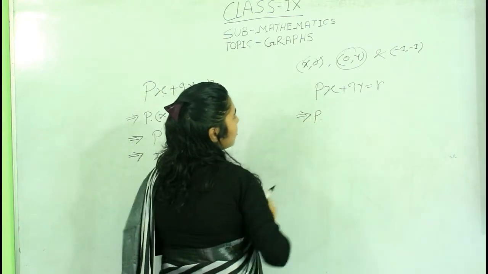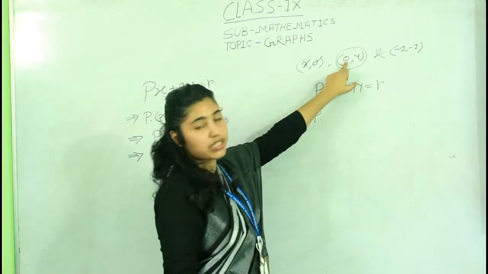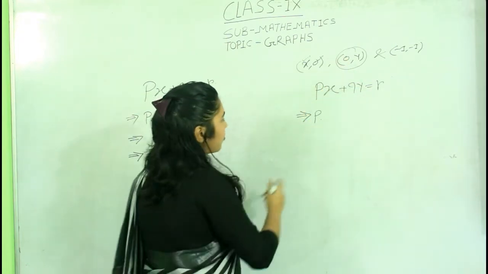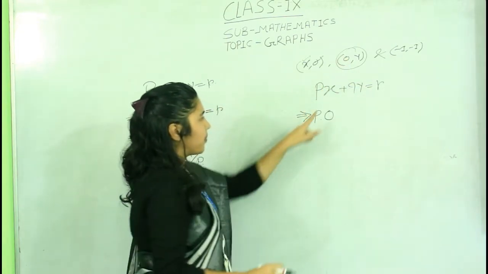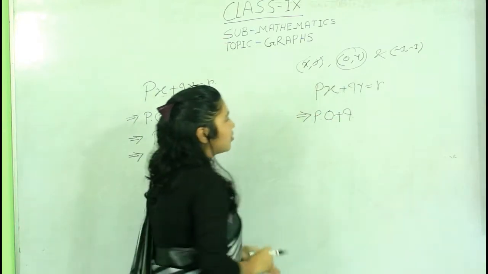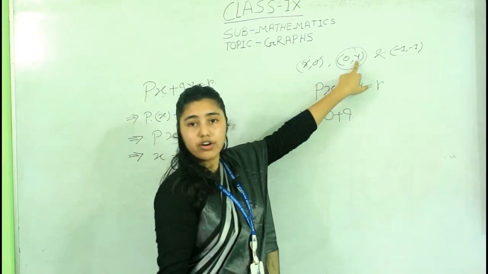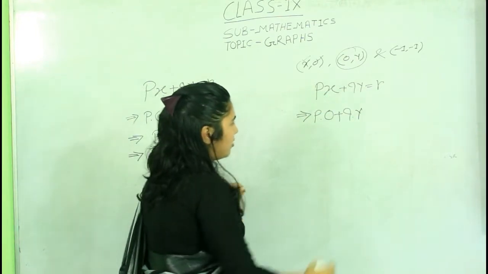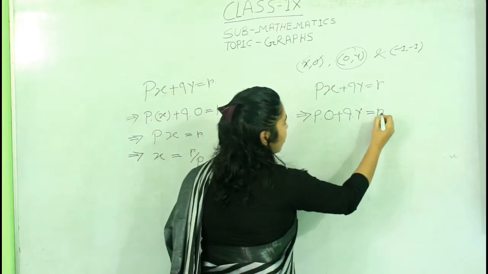Here the x coordinate is 0, so put 0 in place of x, plus q into y, where the y coordinate is y, equals r.